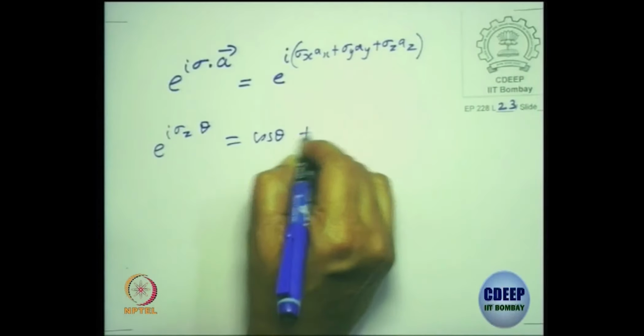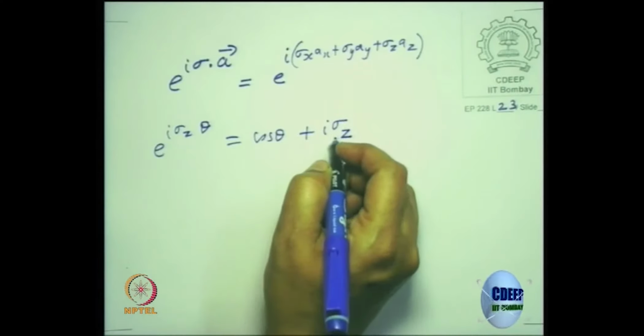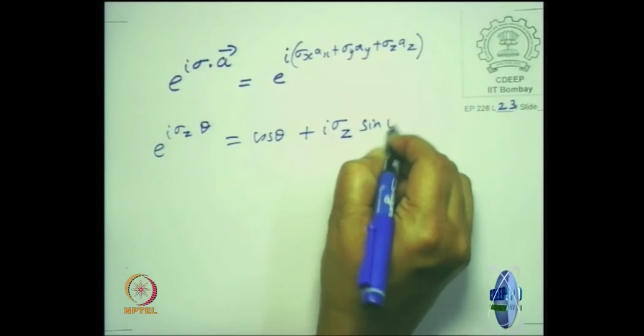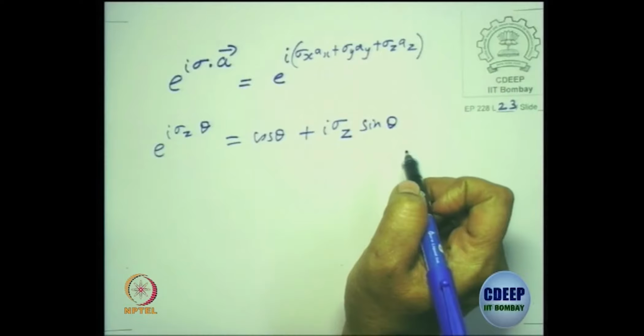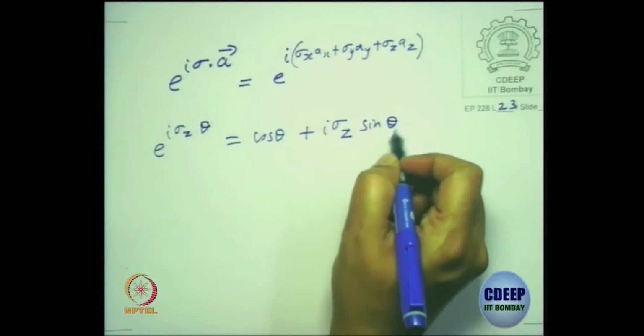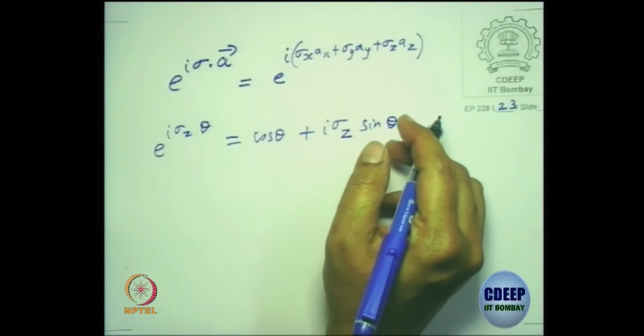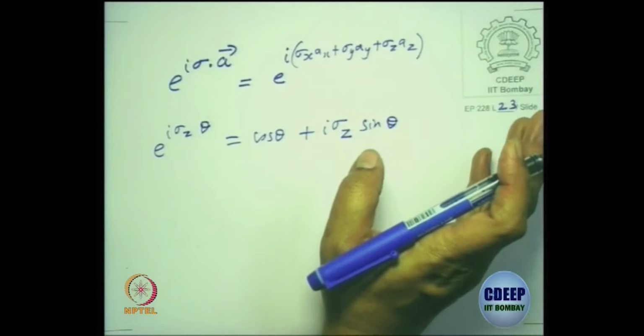Cos theta plus I sigma z sin theta. You can argue that theta is the magnitude which is oriented along the z direction to start with. And what do you expect from there?